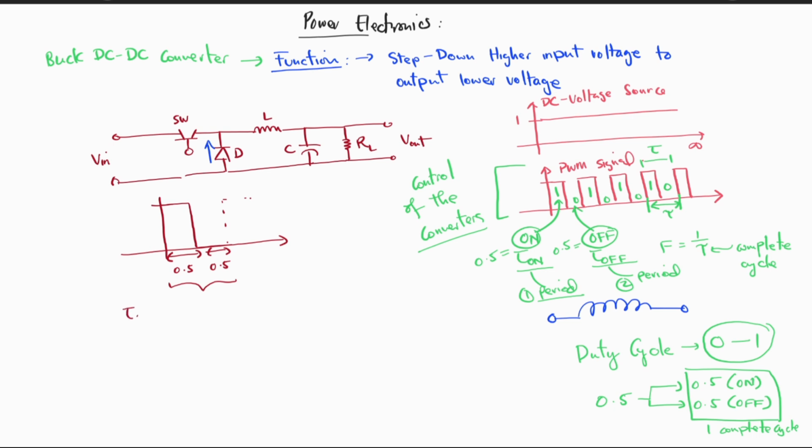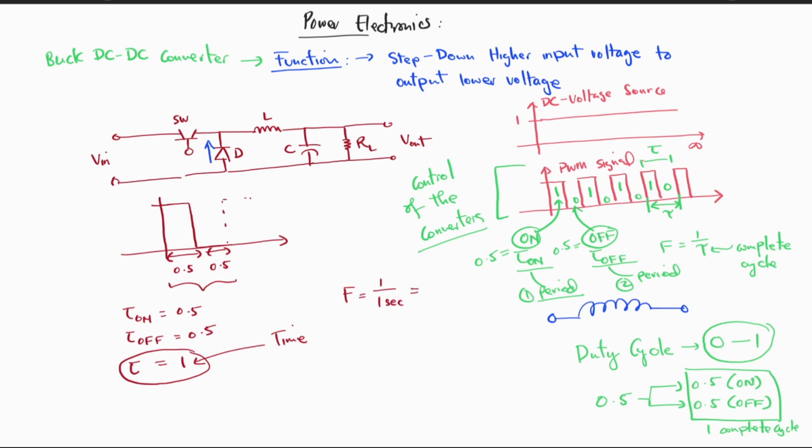So the T on is 0.5 and T off is equal to 0.5, and the period for both will be equal to 1, and in that case we normally have 1 which represents the time. So for a 1 second cycle, that means we can have period equals to 1 over 1 second.